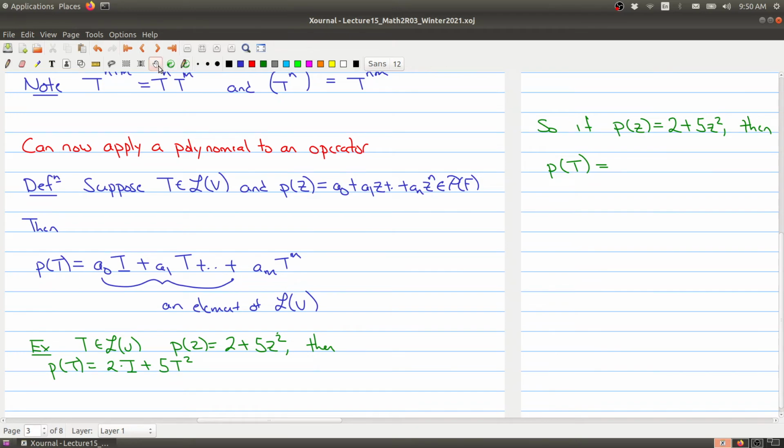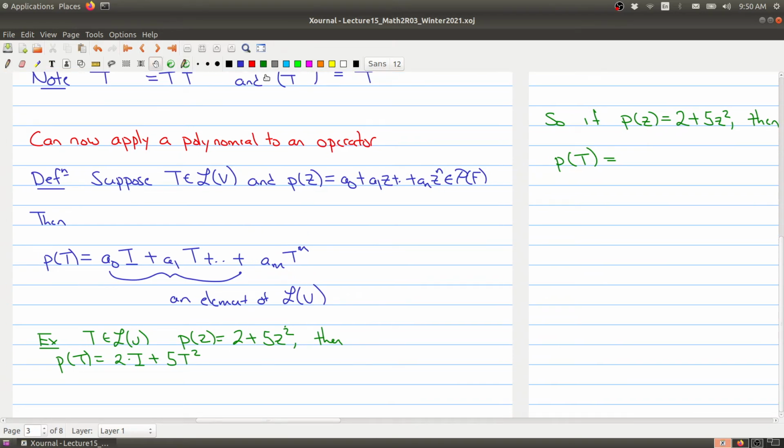So what you want to think about is I can now take an element v inside of V and ask where it gets sent. This gets sent to 2Iv plus 5T squared v. You can think about this as 2 times the vector v plus 5 times the vector that I get by plugging v into T and then plugging it back into T and then taking a scalar multiple.